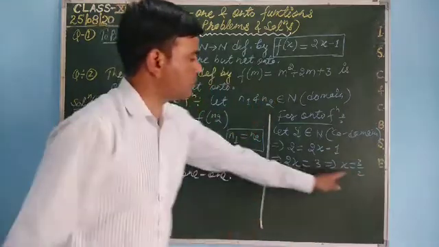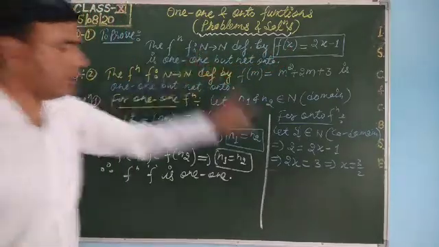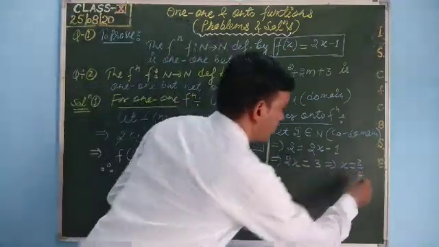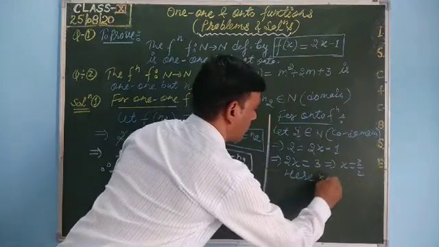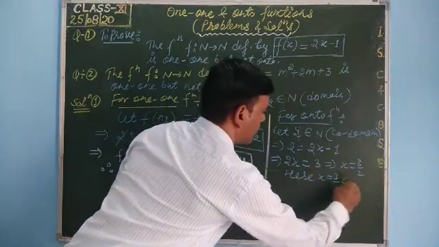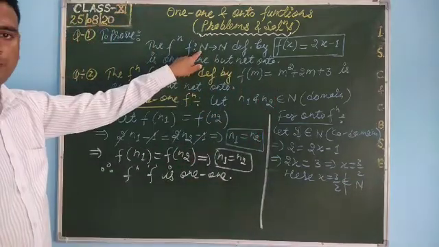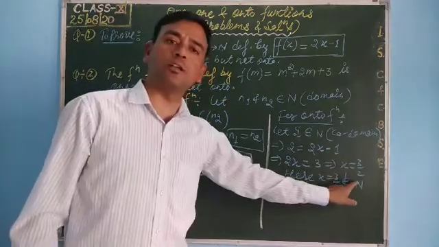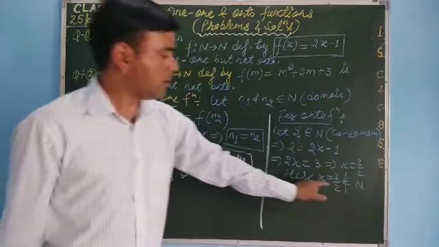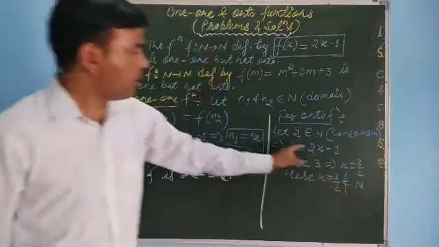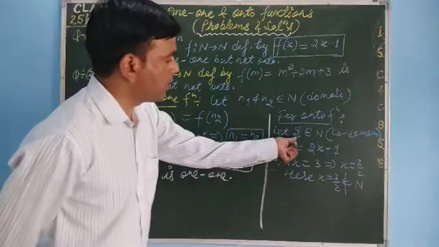And x is an element of domain, that is N. But here x = 3/2 is not an element of domain. It means 3/2 is not a natural number, therefore x is not an element of domain when codomain element is 2. It means 2 is not an image.